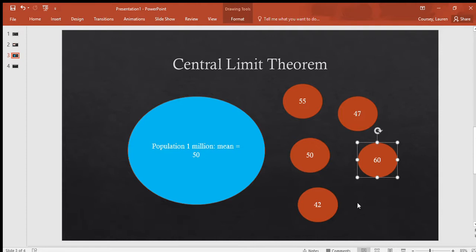On some occasions, the score that you get may overestimate your actual IQ level. Maybe you're having a really good day, you had that extra cup of coffee, maybe you guessed on some of the questions and you just got lucky and got them correct, and so your score is inflated. It's an overestimation of your true underlying IQ.